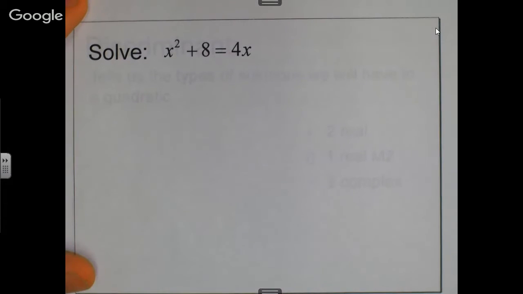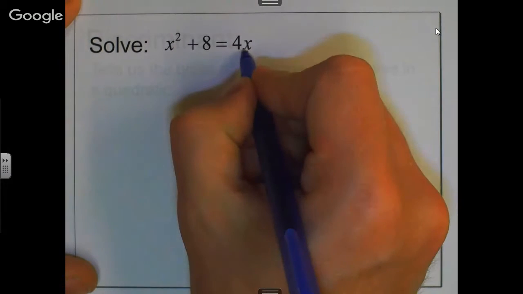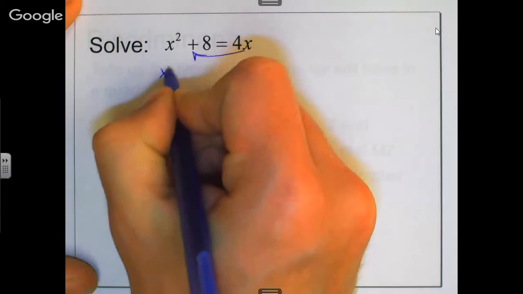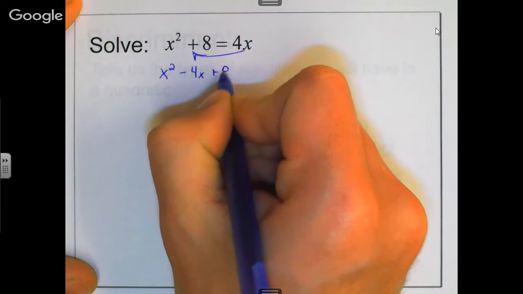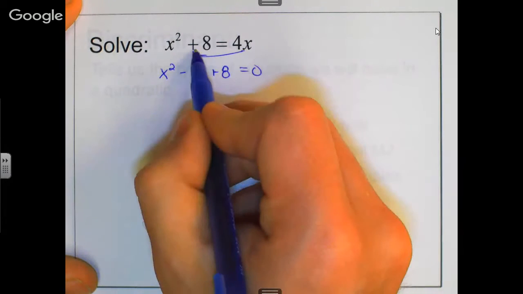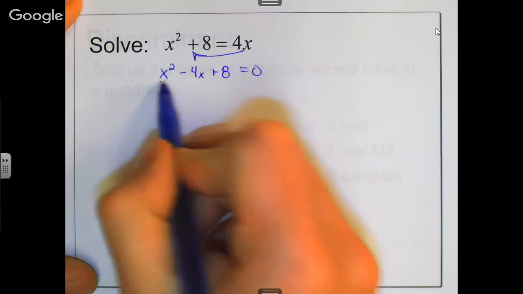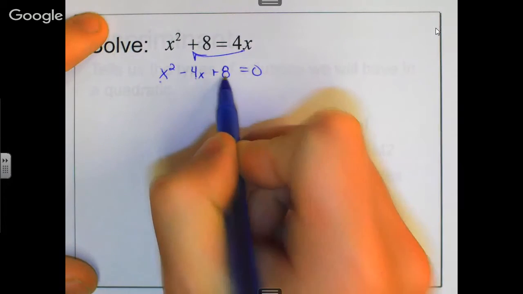All right, so we're going to set it equal to 0, so we'll move this over. Make sure we're putting it in the right order. This goes in between the 2. It's ax squared plus bx plus c.